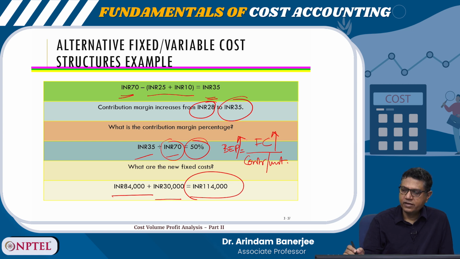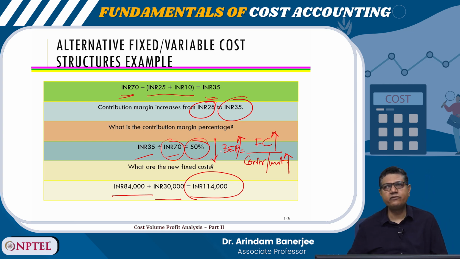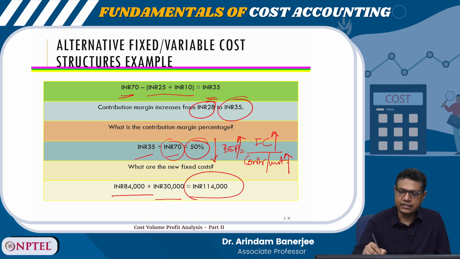And if the contribution per unit increases, then the break even point falls and vice versa. Okay. So, this is the relation. Now, in this case you see the contribution margin is increasing, the fixed cost is also increasing.